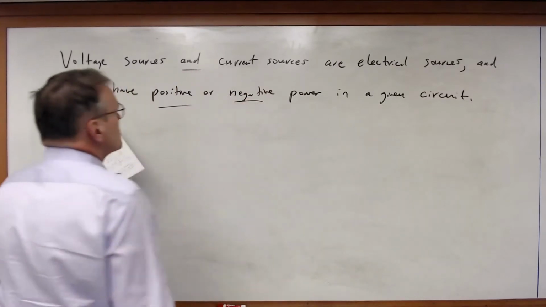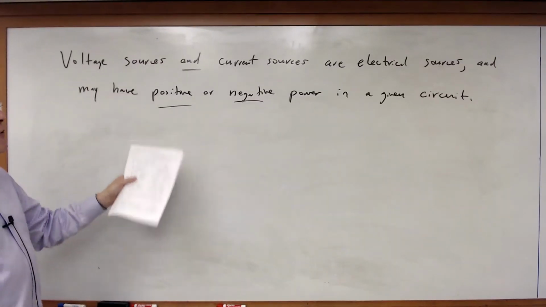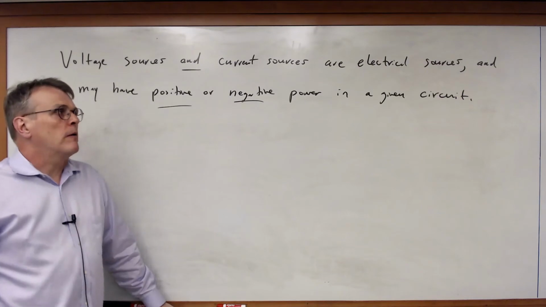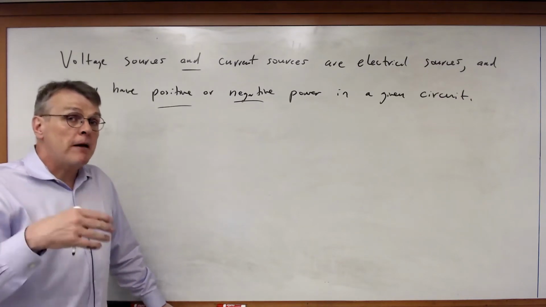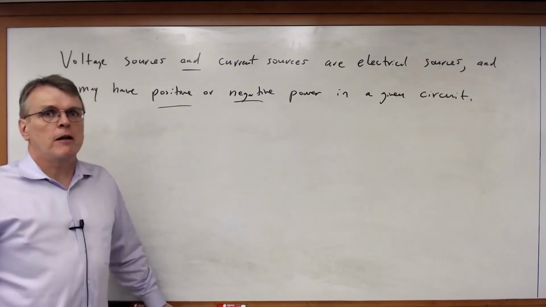So voltage sources and current sources can have either positive or negative power in any given circuit, depending upon how they're connected up to other elements.